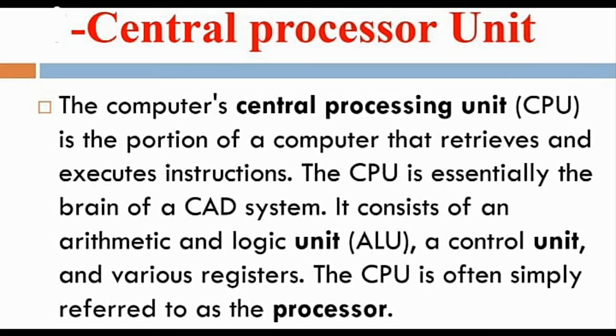The major functions of the computer are controlled by the CPU. The two main components of the CPU are the arithmetic and logic unit, which is ALU, and the control unit, which is CU.